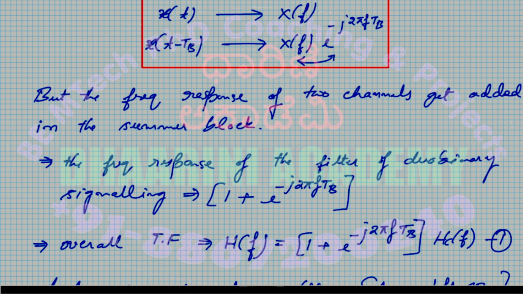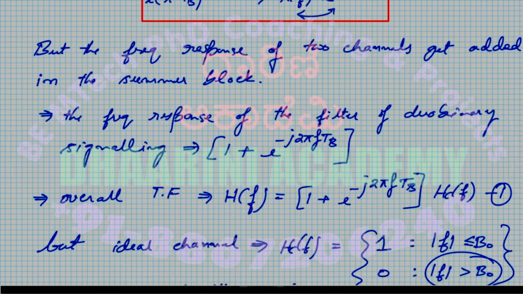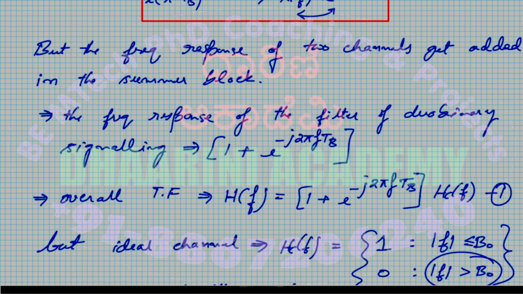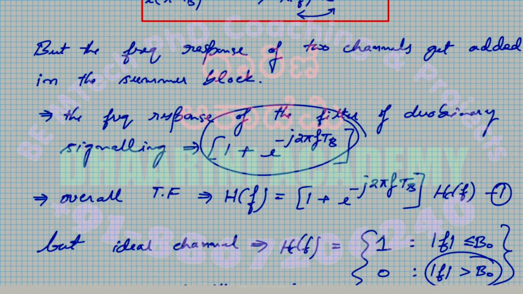Since there is a sum happening inside the block, we denote the total response of the summer block as 1 plus e to the power minus j 2 pi f Tb. That's the first part.